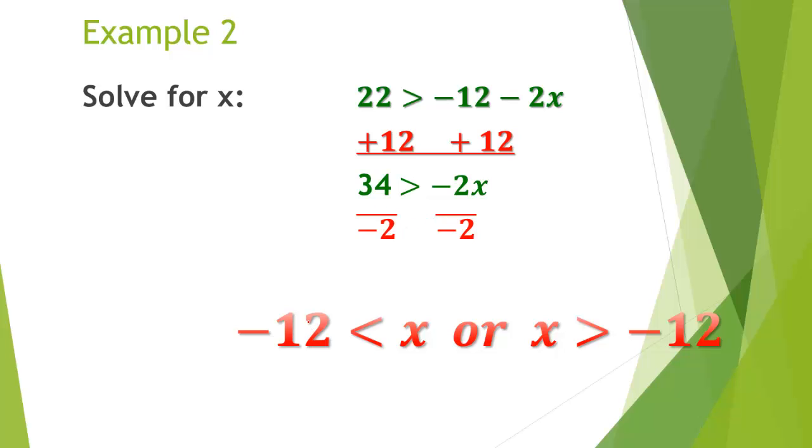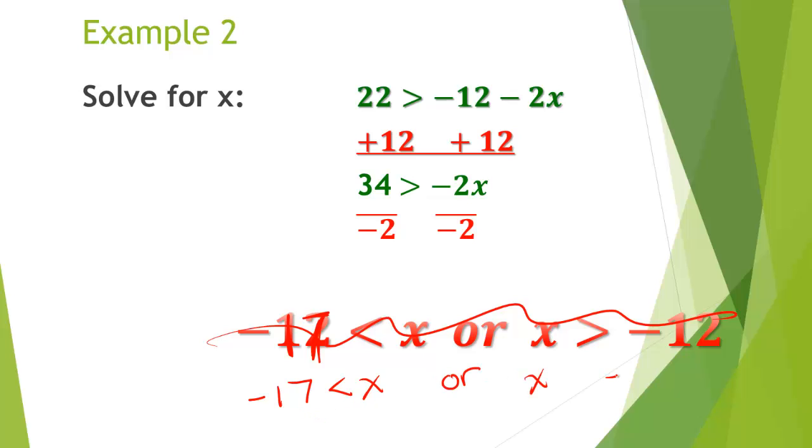Divide by negative 2, and this should actually be 17. Sorry. So it should be negative 17 is less than x. Or if you want to rewrite it, we're going to flip the negative 17 and the x and then flip the sign. Either one of those is acceptable.